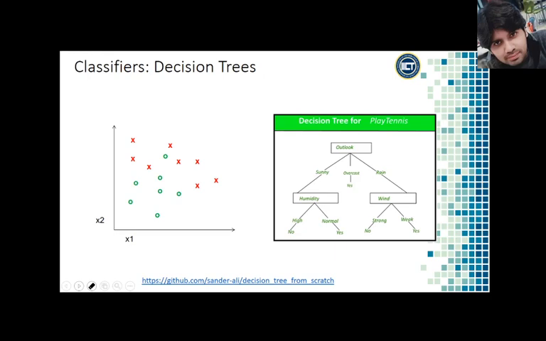Now, some of the notable decision tree algorithms include ID3, which is also known as Iterative Dichotomizer 3, C4.5, which is a successor of ID3, and CART, classification and regression trees. CART is the most widely used decision tree algorithm so far.